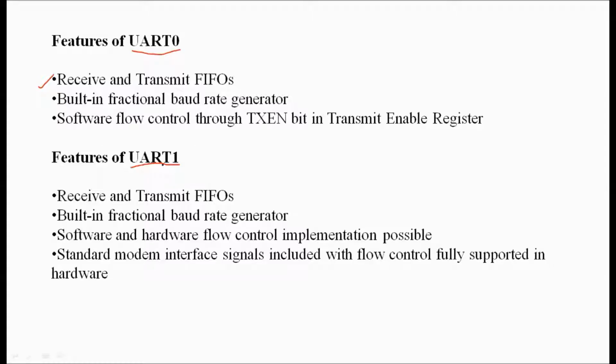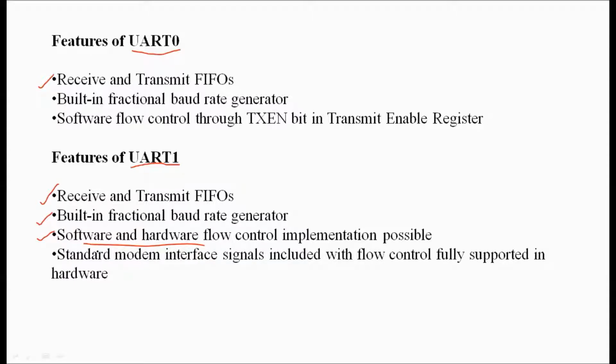Whereas in UART 1, the same receiver and transmitter FIFO, first in, first out type registers or memory, is used. It also has a built-in fractional baud rate generator. Here both software and hardware flow control implementation is possible. That means to control data flow, you can use a hardware technique also in UART 1, which is not available in UART 0.